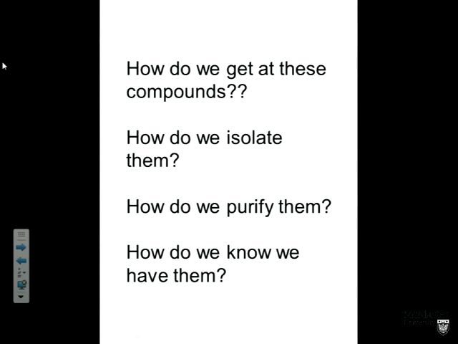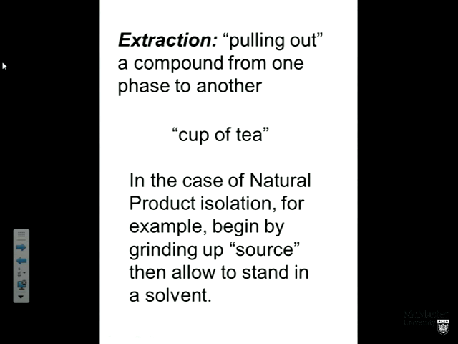Okay, so how do we get at chemical compounds? How do we isolate them? How do we purify them? And then how do we know what we have? And that's spectroscopy. So isolation and purification is what we're going to talk about today. So one of the basic techniques when we have a mixture is to do extraction. Extraction is something that you will do in the 2O lab in a separatory funnel.